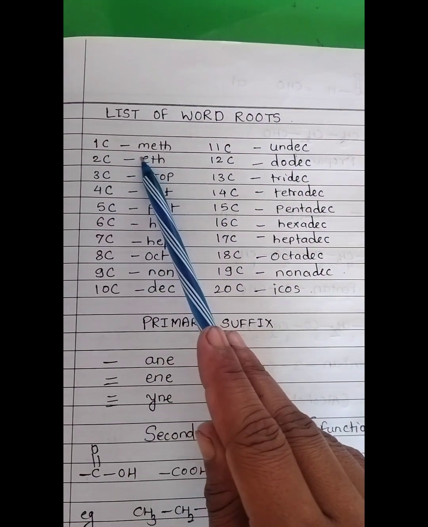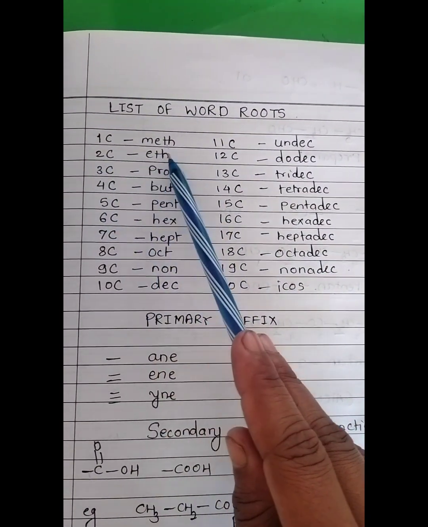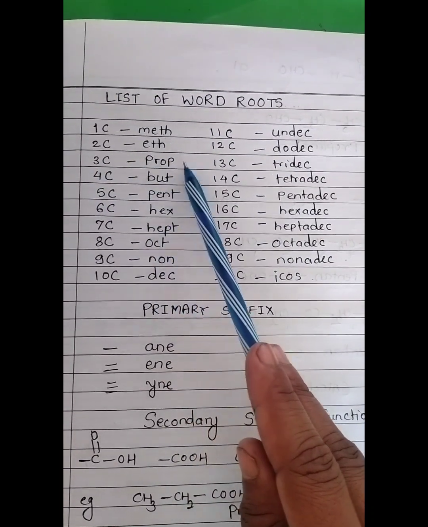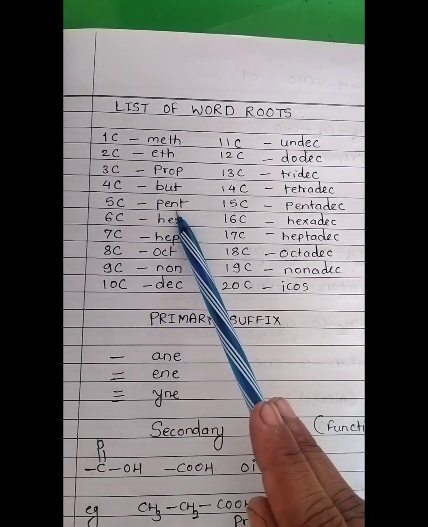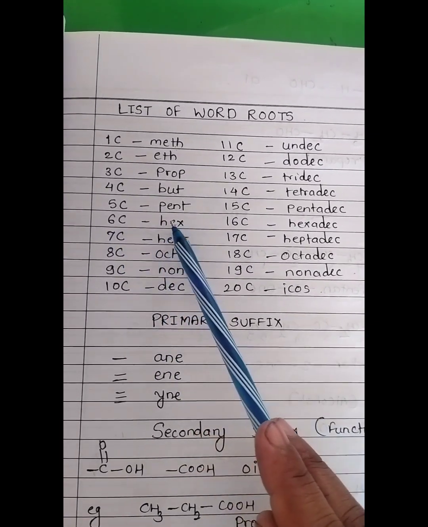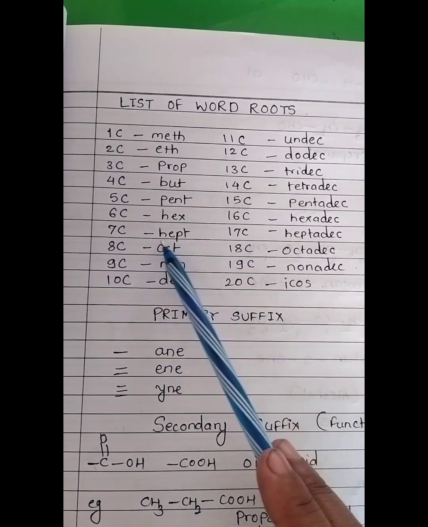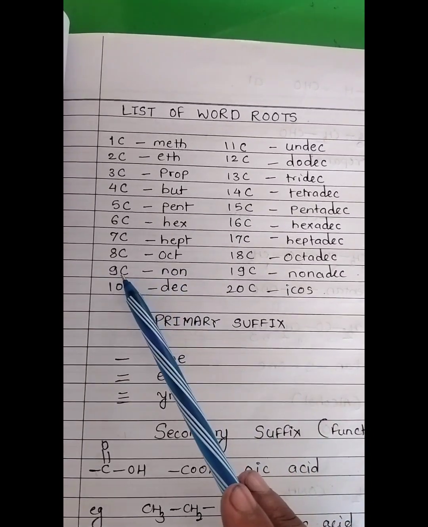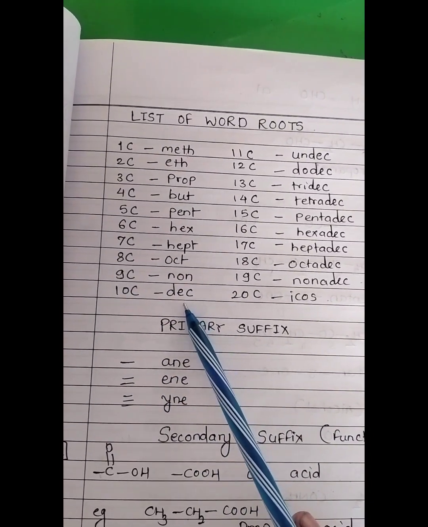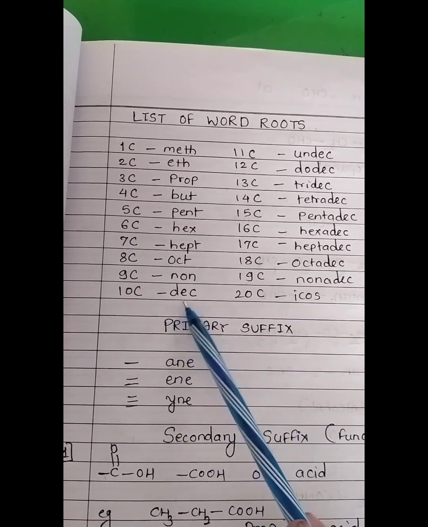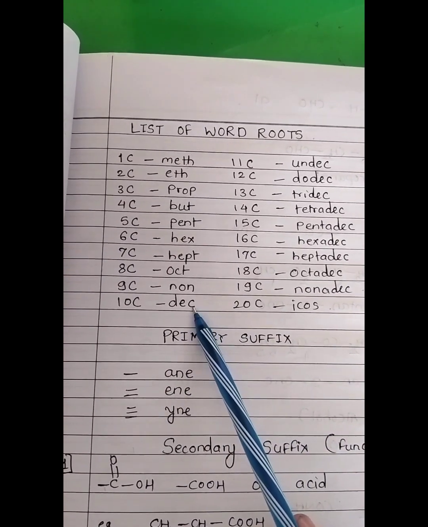List of word roots. For 1 carbon we use meth, 2 carbon eth, 3 carbon pro, 4 carbon but, 5 carbon pent, 6 carbon hex, 7 carbon hept, 8 carbon oct, 9 carbon non, 10 carbon dec. Up to 10 carbon is important.